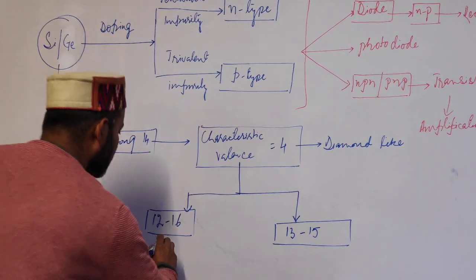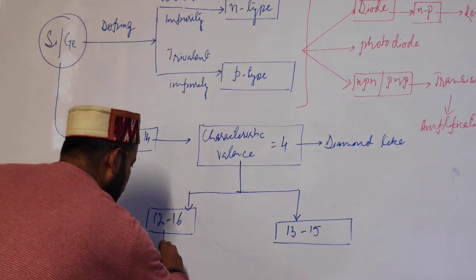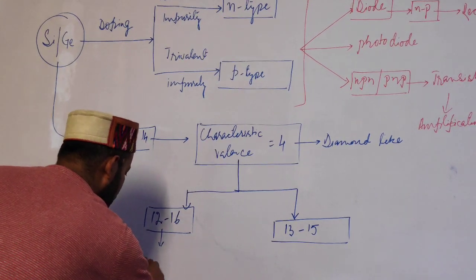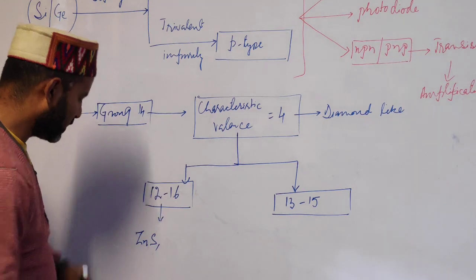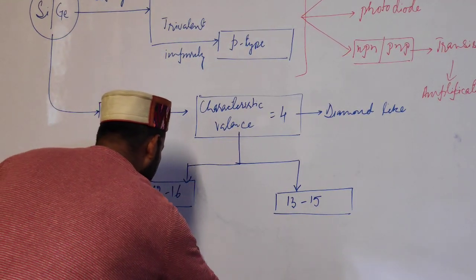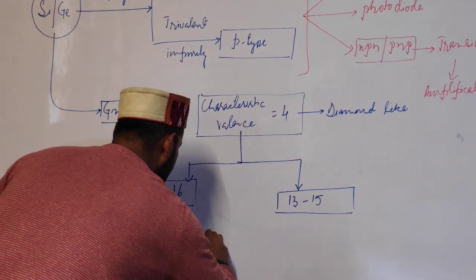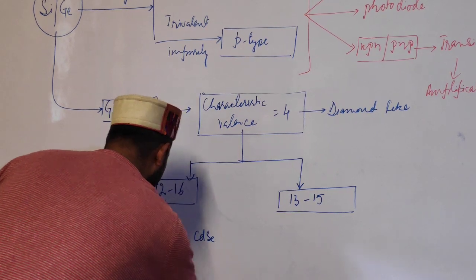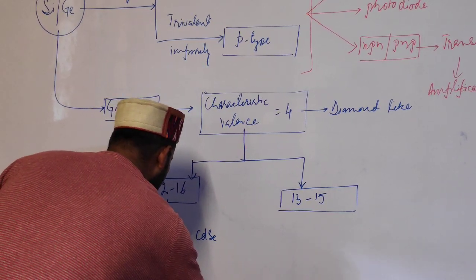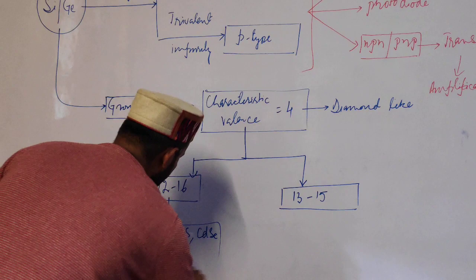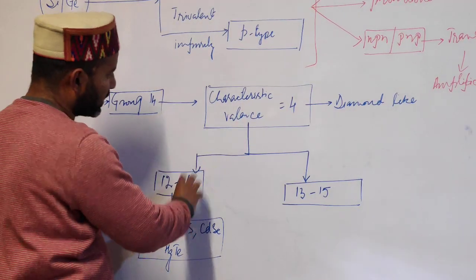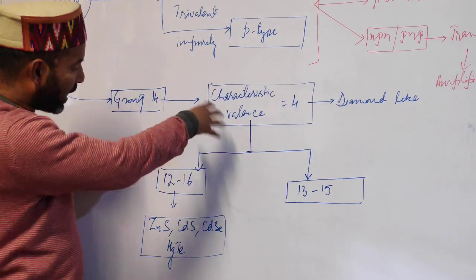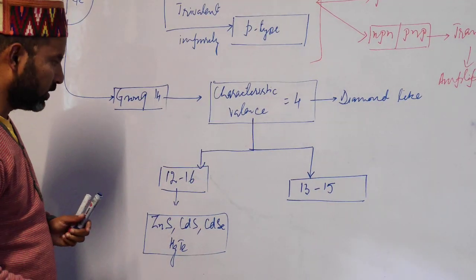For example, we have zinc sulfide, where zinc is group 12 and sulfur is group 16. Then we have cadmium sulfide, cadmium selenide, and mercuric telluride. These are solids which also have a characteristic valence of 4, so they can also be used as semiconductors.